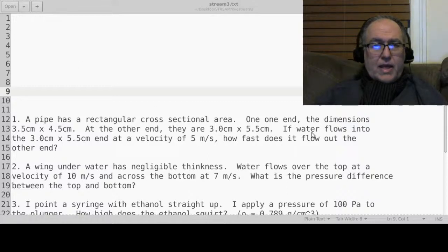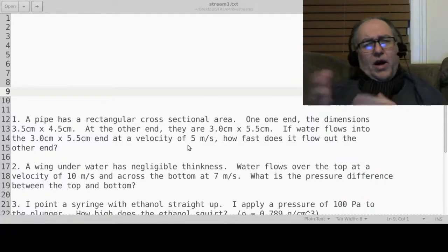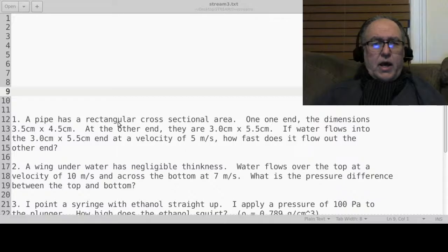And there's a fluid that's flowing in that end at 5 meters per second, and I want to know how fast does it flow out the other end, okay?